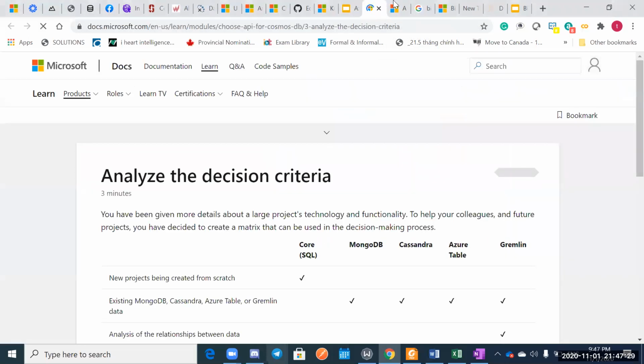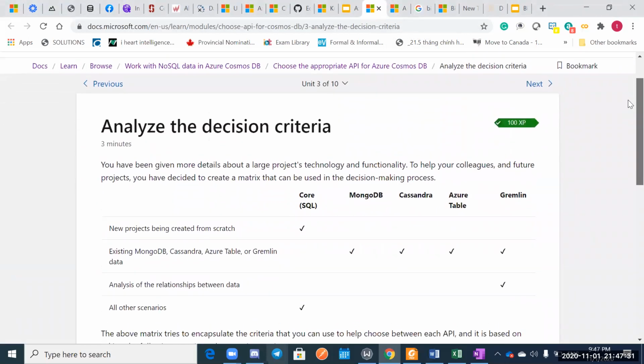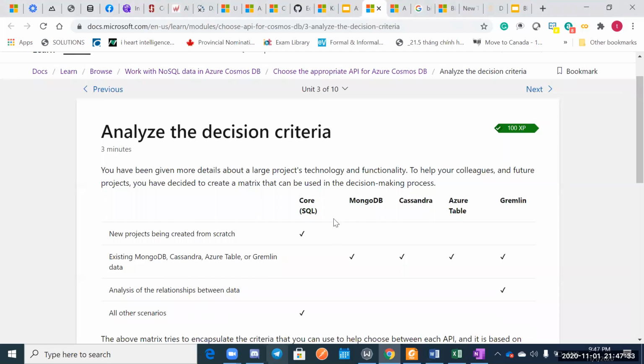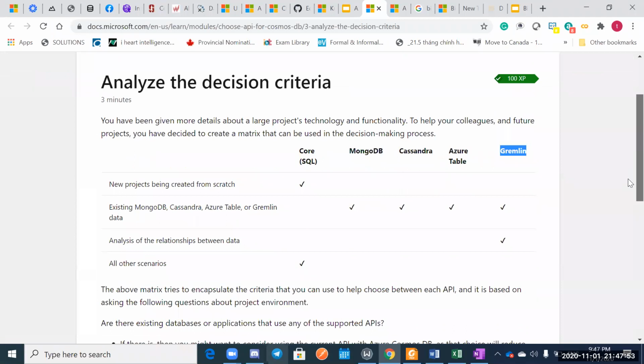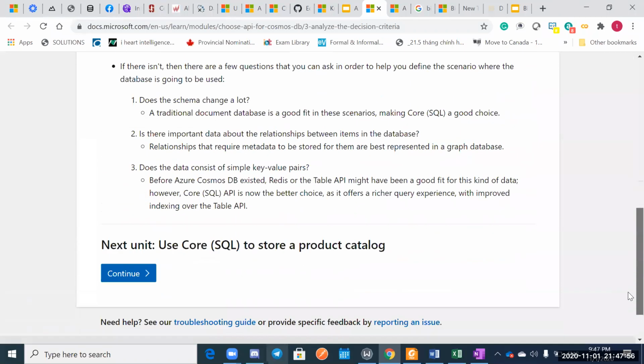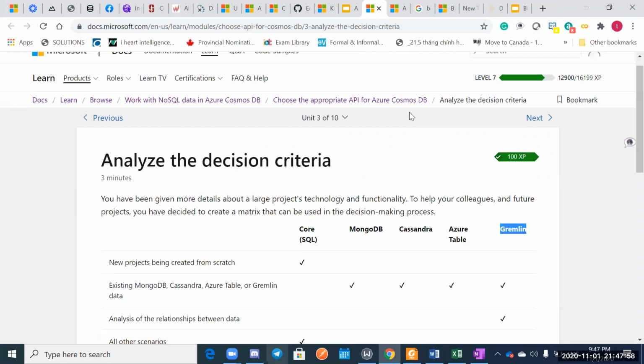I'll talk a little bit about the comparison between these different APIs, because in the exam, you're likely to be tested on the Azure Table API and the Core SQL API. Mongo, Cassandra, and Gremlin are very advanced, and they won't be tested as much. So let's take a look at the APIs for today's class.